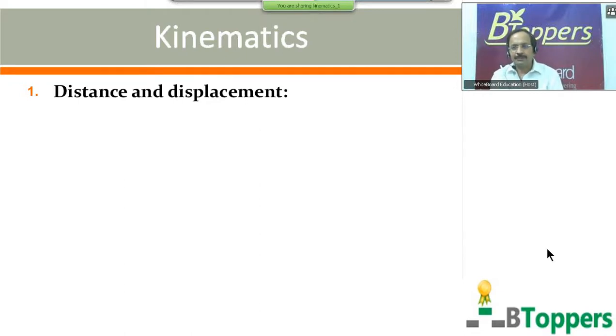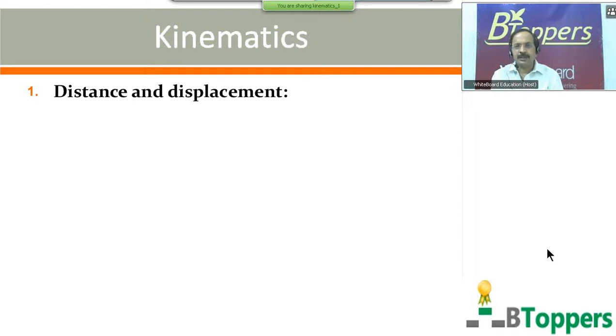It's a part of dynamics, which is considered to be part of applied mathematics. So first I discuss the terms distance, displacement, speed, velocity, and acceleration.